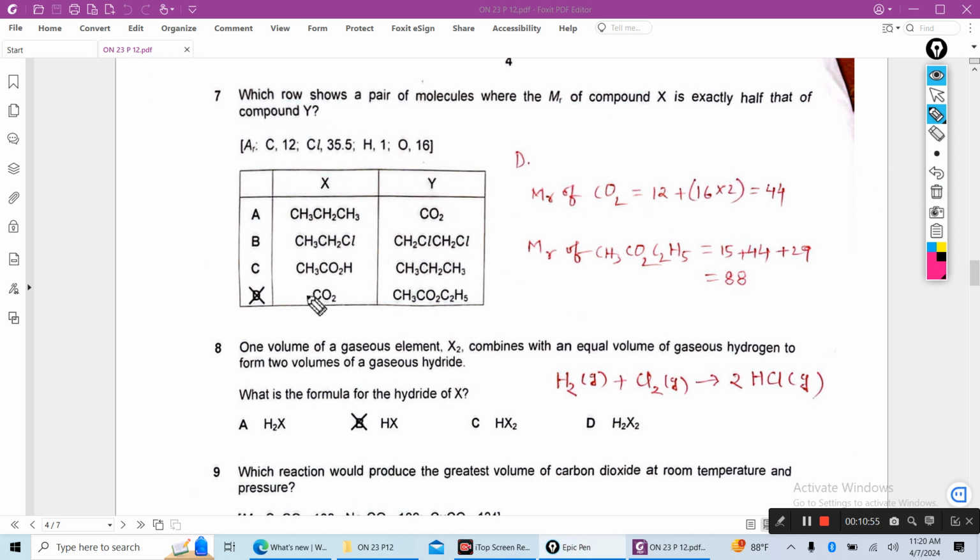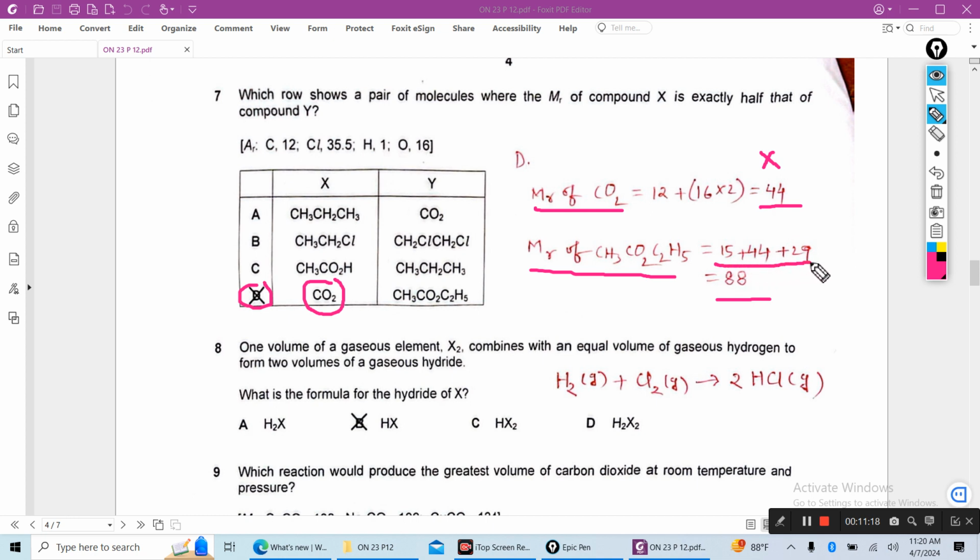So if you calculate, you can see this is the correct answer. How? The relative molecular mass of carbon dioxide is 44, so this is X, and the relative molecular mass of ethyl ethanoate is 88.